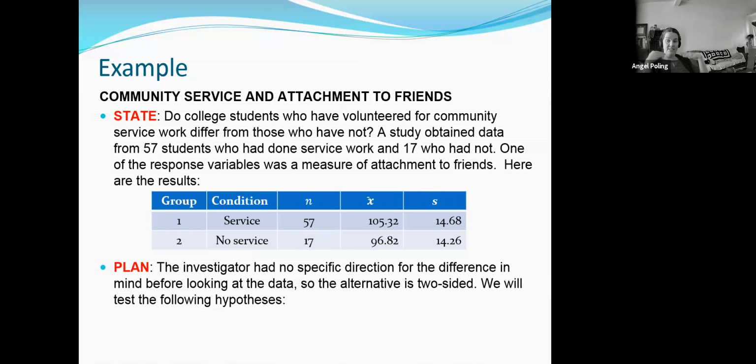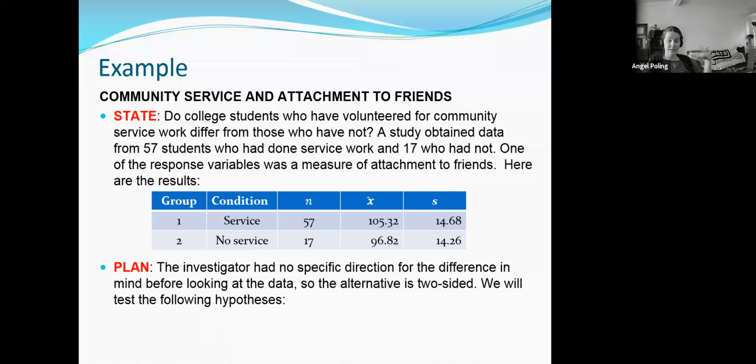For the 57 students that did community service, they had a mean of 105.32 and a standard deviation of 14.68 of attachment to their friends, right? And then our second group, the folks who didn't do community service, had a mean of 96.82 and a standard deviation of 14.26.